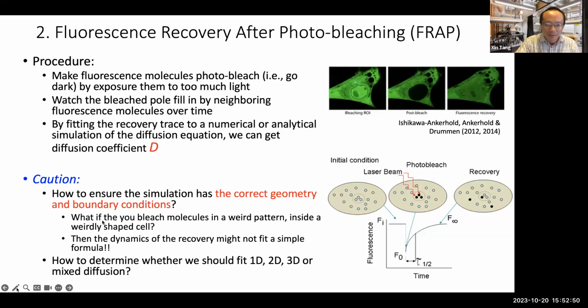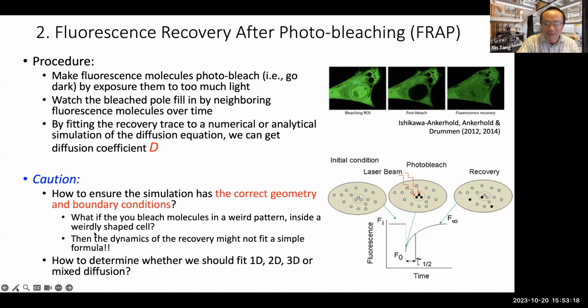What if we bleach the molecule in a very weird pattern? Here we show an elliptical one, but sometimes if your laser has some issue, you bleach it in a very different pattern, a very weird triangle shape or different shape, then the recovery dynamics of the molecule could be different, right? Because you measure the intensity inside, so the recovery could be different.